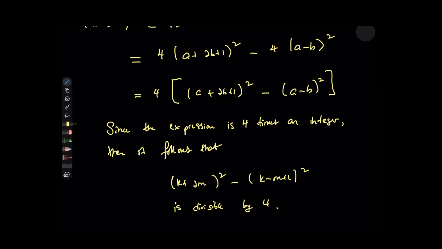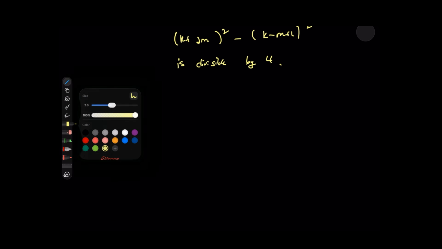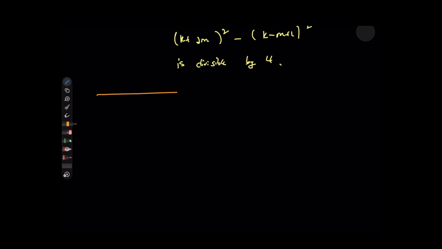If you want to do this another way, like method 2, I could recognize that maybe I can factor the expression using the difference of two squares. Remember that the difference of two squares, a squared minus b squared, is equal to (a minus b) times (a plus b). And that looks like my expression here.